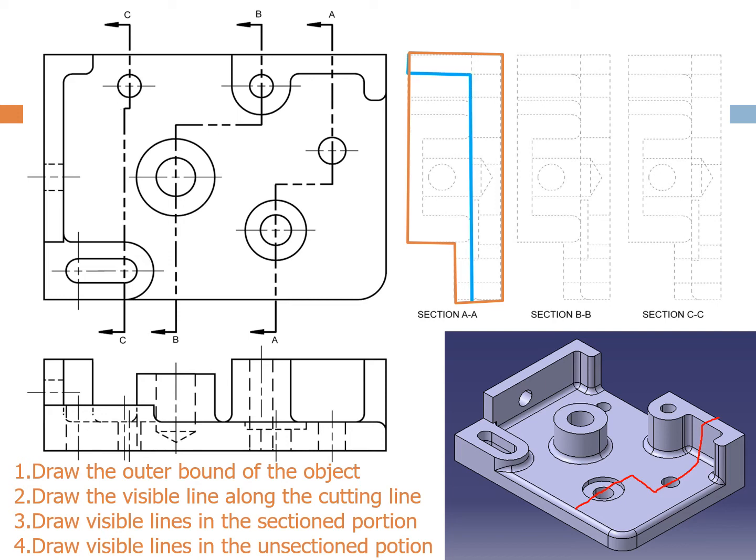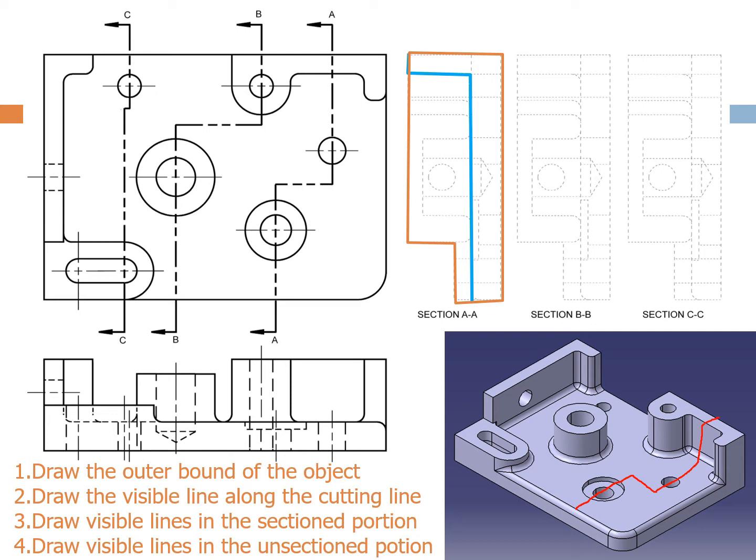The next thing we do is to see any visible line in the section portion. So the section portion is this line over here. Anything inside of this region, this kind of 7-shaped region, is there anything that you can see which is visible when you cut through it? And especially looking for the hole.